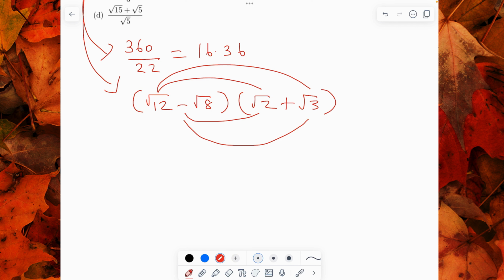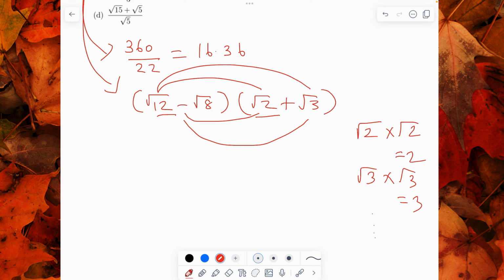Root 12 into root 2, you may be thinking root 6 into root 6 is 6, so similarly root 12 into root 2 will be 24. But actually, only when the numbers are common will the square root be removed. For example, root 2 into root 2 is 2, and similarly root 3 into root 3 is 3, and it goes on.